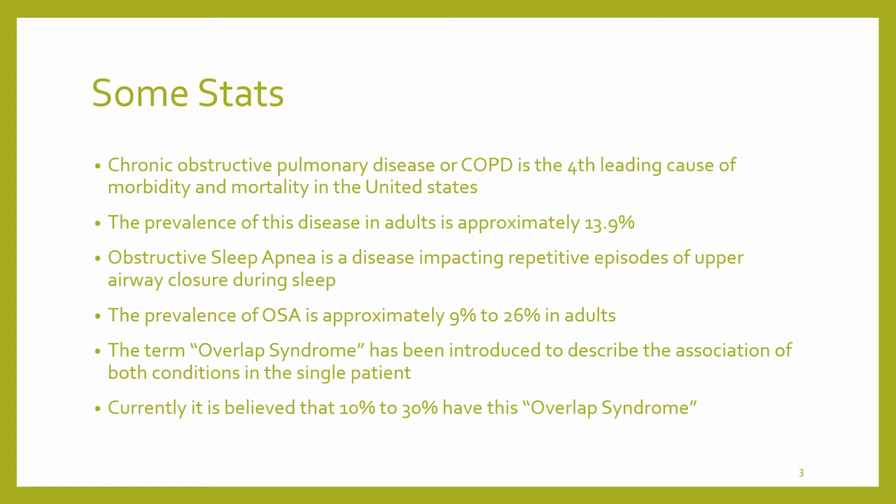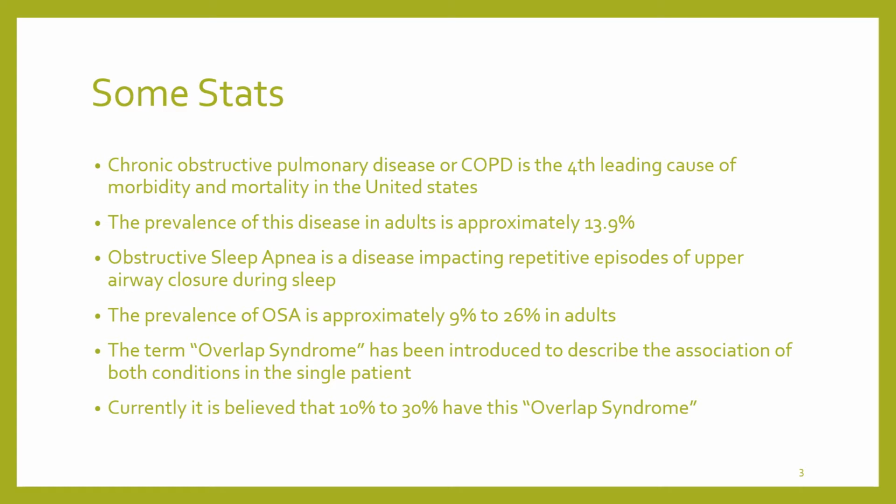So when you really think about it, if someone has COPD and obstructive sleep apnea, their level of desaturation is much worse than either group by themselves. The prevalence of obstructive sleep apnea is approximately 9 to 26% in adults, and it's probably underestimated. Untreated OSA can lead to heart disease, insulin resistance, diabetes, hypertension. There are so many diseases that are caused as a result of obstructive sleep apnea.